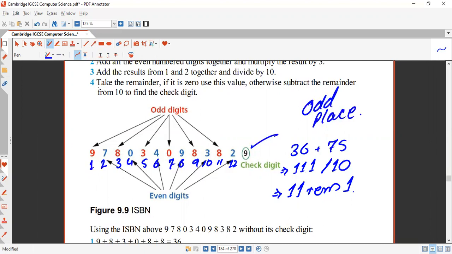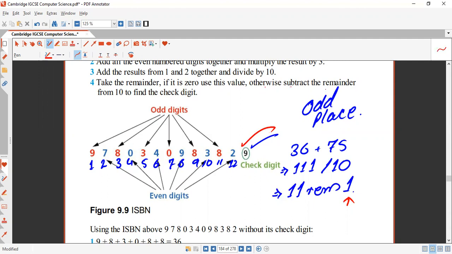Now it says, take the remainder; if it is 0, use this value. That means if my remainder was 0, then this value is fine. But my remainder is not 0, so I need to go to the otherwise situation.